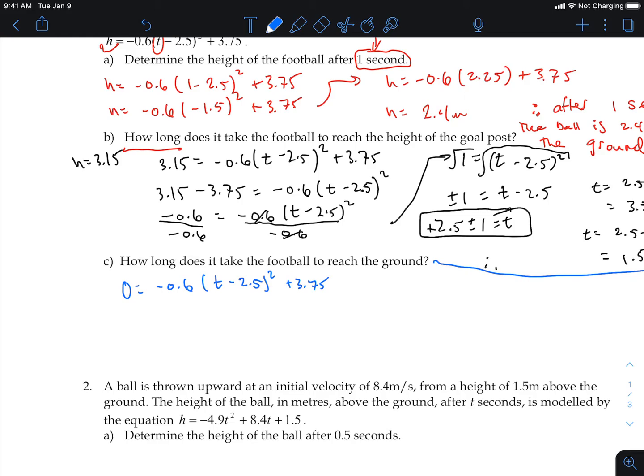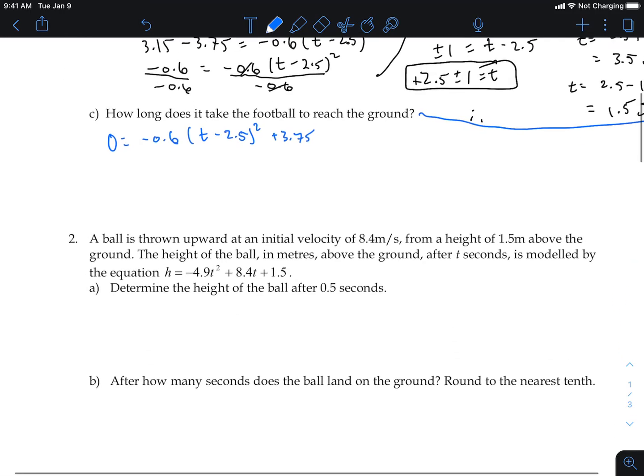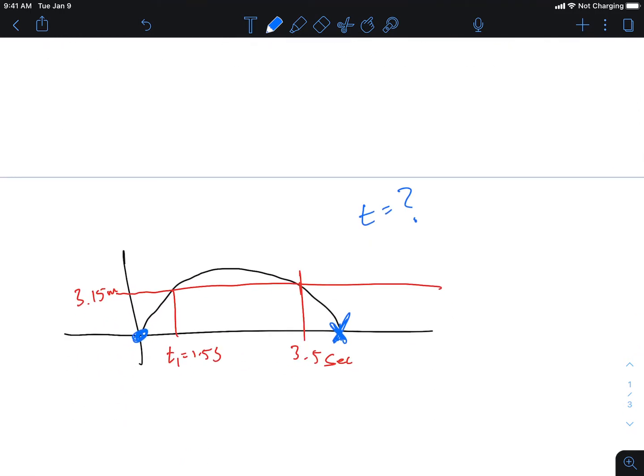Exact same thing, but I'm solving for a different point relative to last time. Last time I plugged in 3.15 for h. This time I'm plugging in h equals 0, and I'm solving for this point. I'm still going to get two answers, because it was technically at h equals 0 over here at the beginning, too.